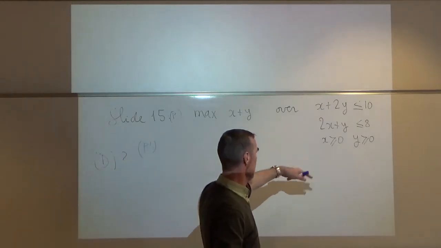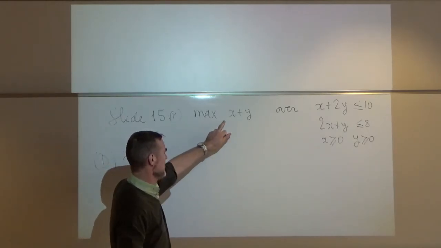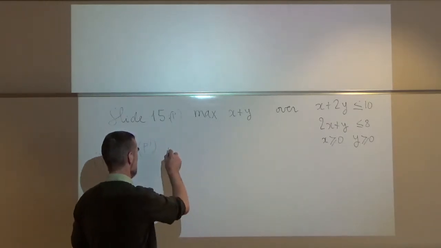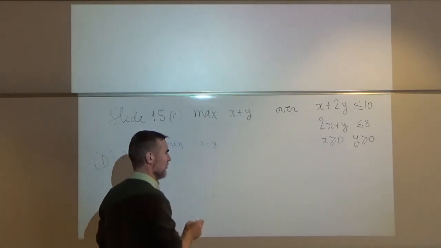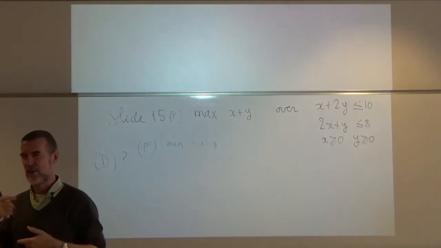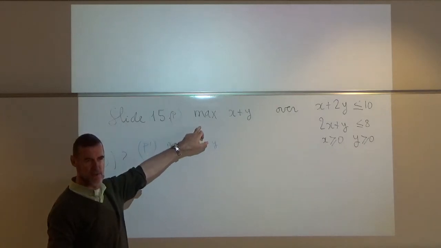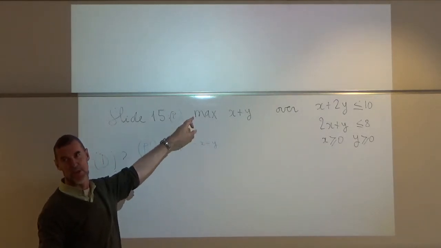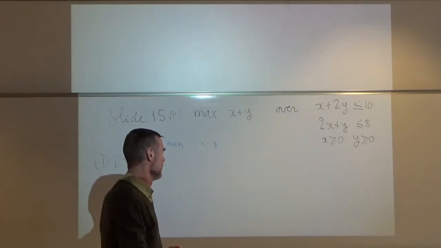So instead of maximizing x plus y, I will minimize minus x minus y. Of course, I will need to remember that the optimal value of this one is minus the optimal value of the other. So the problems are not exactly the same, but the mapping from one to the other is trivial.